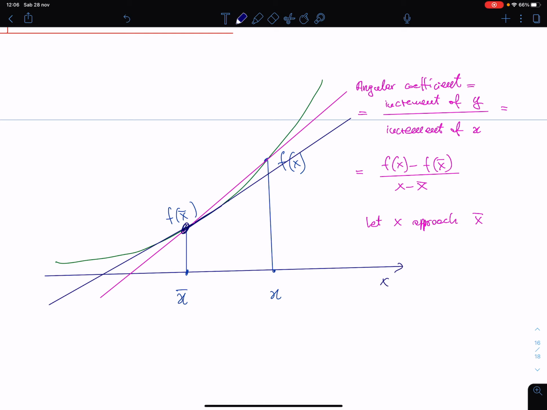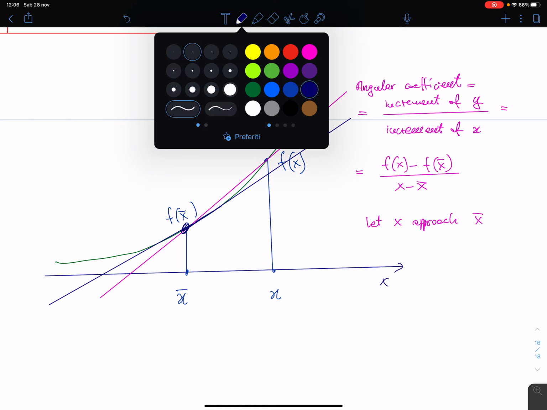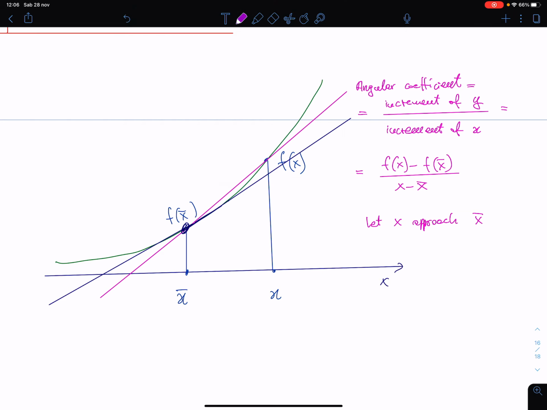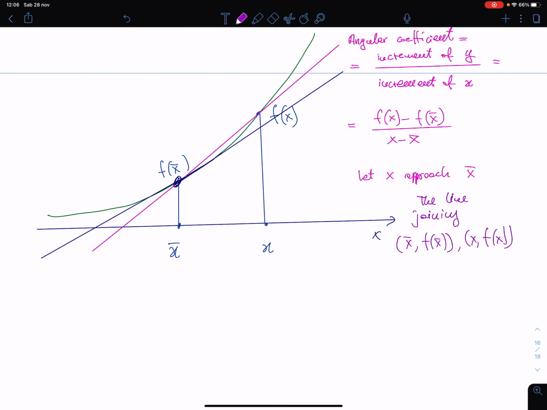So what we find at the end, the line joining the 2 points x bar, f of x bar, and x, f of x, approaches or tends to the tangent at an intuitive geometrical level, okay?